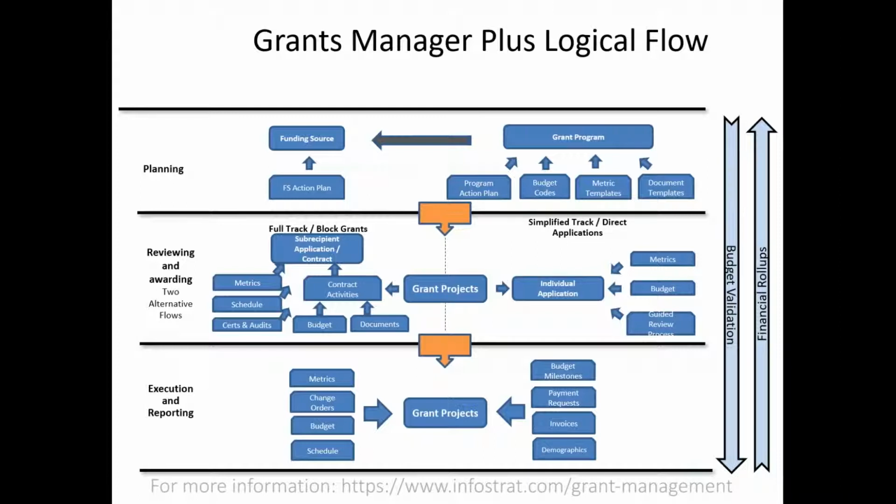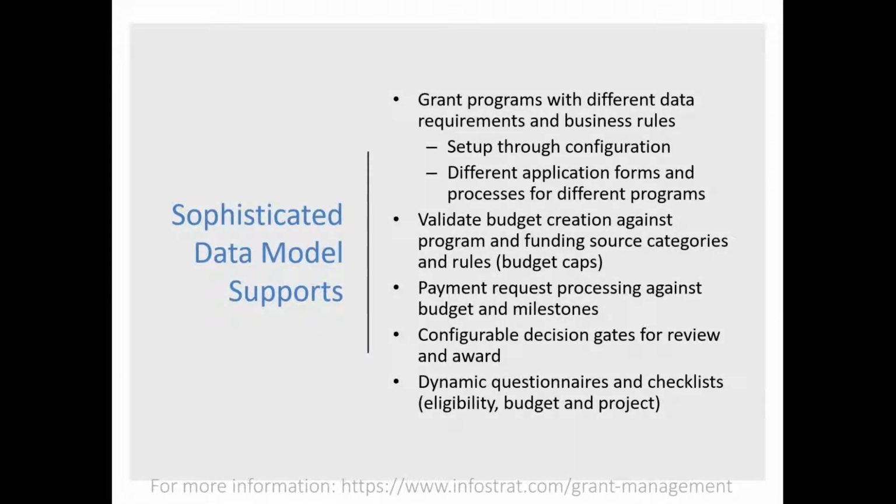On the left side of the graph, we see a more complex data model for block grants, which includes subrecipients. That means that a grant is awarded to a subrecipient who then, in turn, issues grants to agencies or individuals who perform activities under the contract established by that subrecipient application.